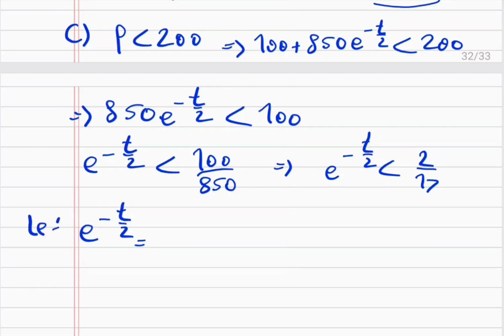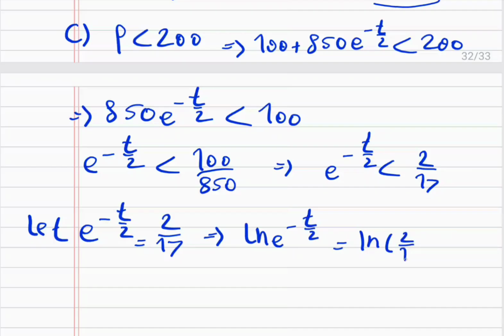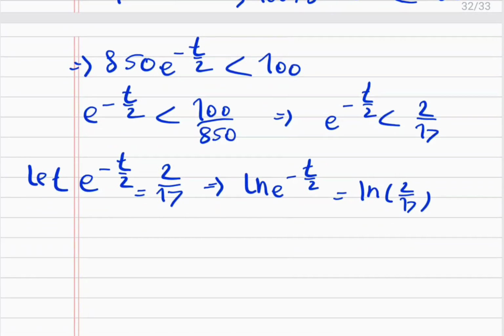So we can just say let this be an equation, and now we just need to take the natural log of both sides. So we have ln e to the minus t over 2 is equal to ln 2 over 17, but remember that ln and e cancel each other out, so we have minus t over 2 is equal to ln 2 over 17. And now we just solve this equation.